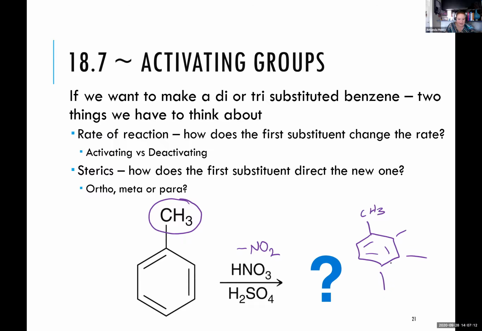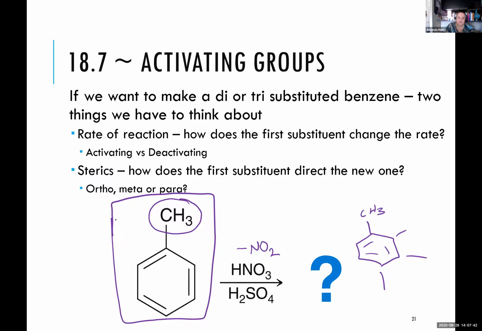Is it going to add ortho, meta, or para to the original substituent? And it's only based on the substituent that's currently on the ring. So in this example, we're adding a nitro, but it could have been another methyl, a chloro, a sulfone, anything, and the answer will be the same. So we're only looking at the original starting material to answer the question of where does it add.